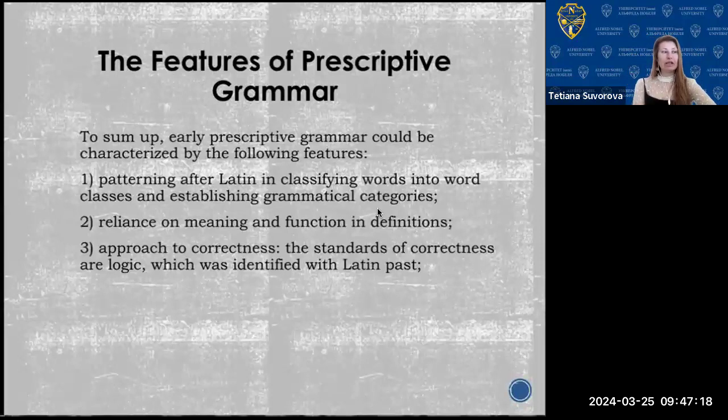Then, reliance on meaning and function in definitions. That is because we speak not only about words but sentences, and then we speak about the function, because we should differentiate whether it is a noun or an adjective. For example, classroom.